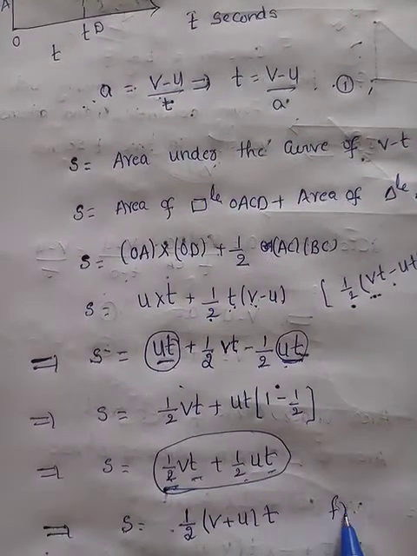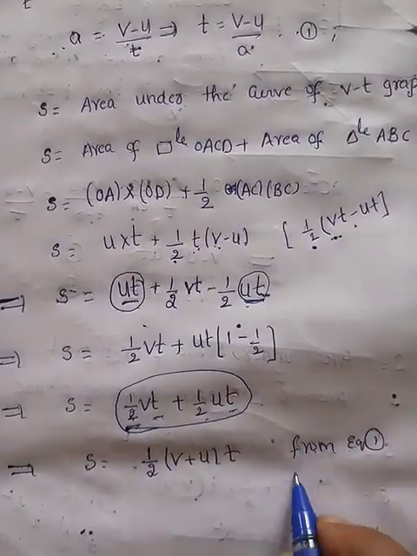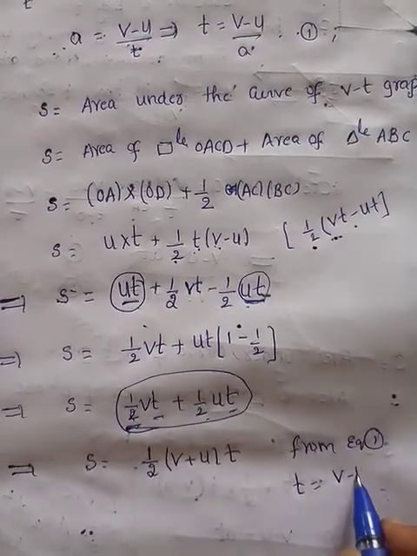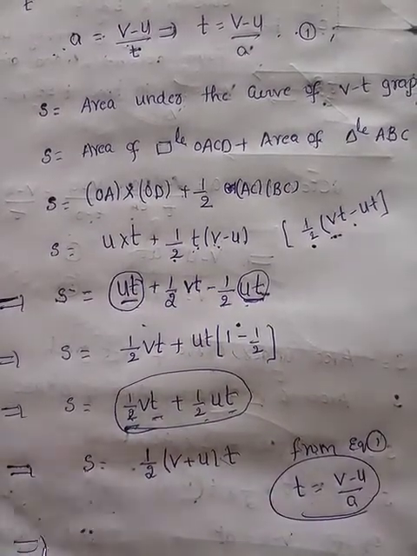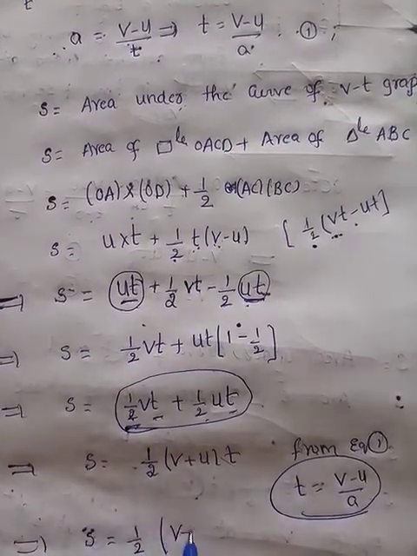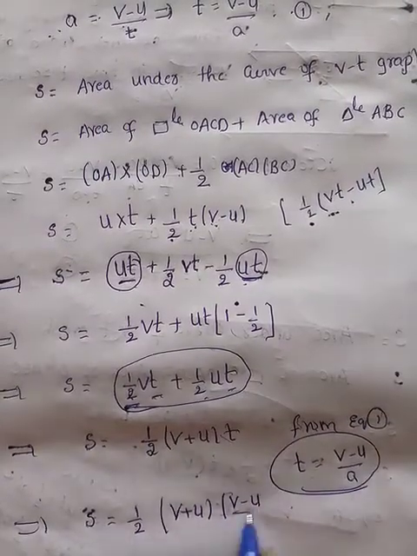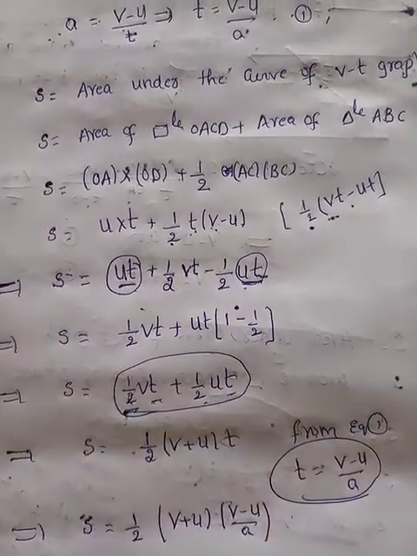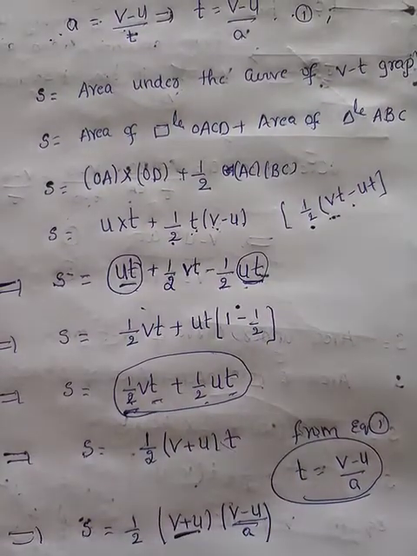What is the equation? From equation 1, what is t? (v minus u) by a. Substitute this value here. S is equal to half into (v plus u) into (v minus u) by a. So now have you seen this? (a plus b) into (a minus b).